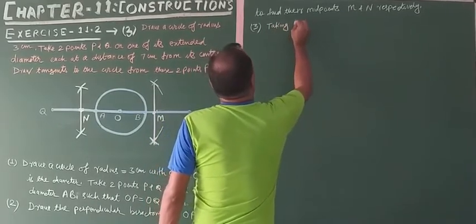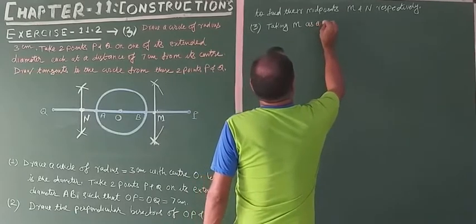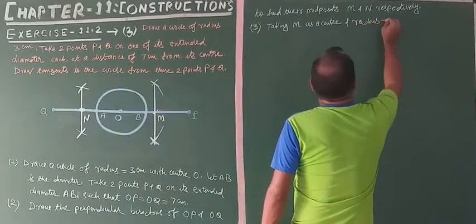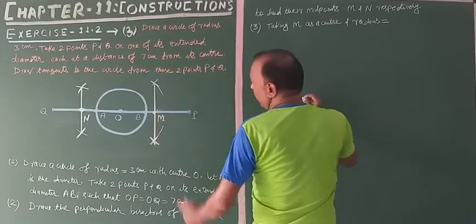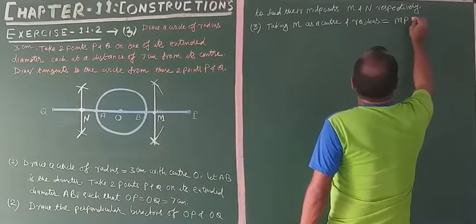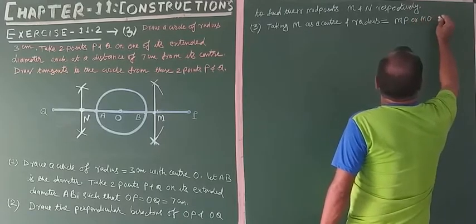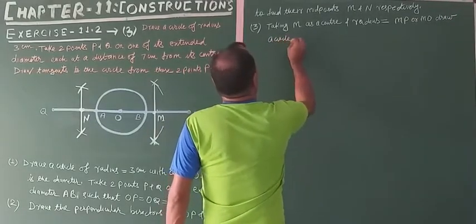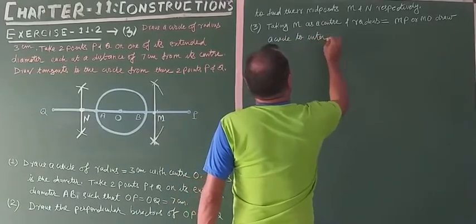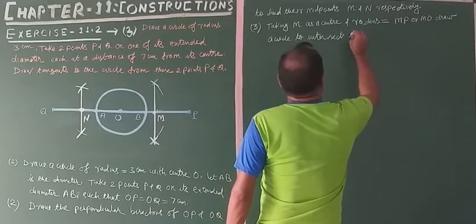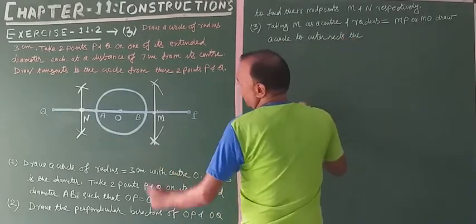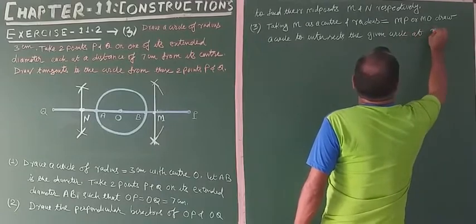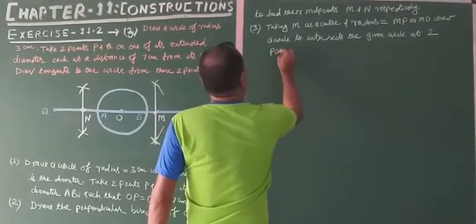Taking M as a center and radius equal to either MP or MO, draw a circle to intersect the given circle at 2 points.